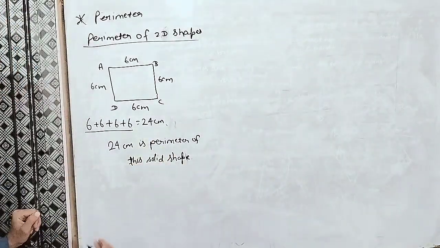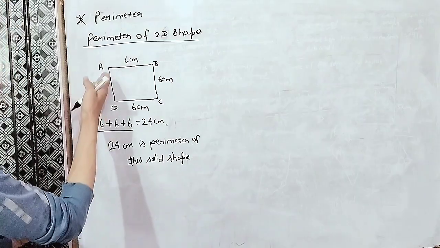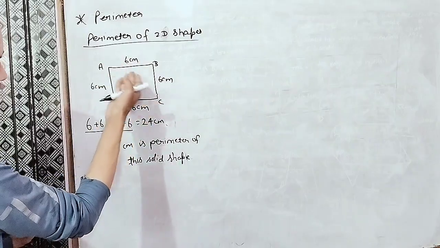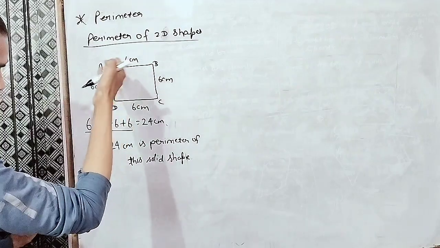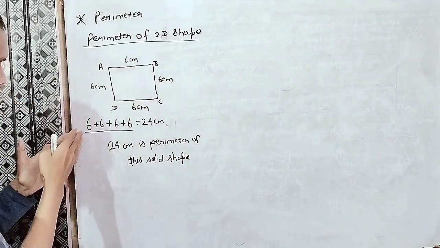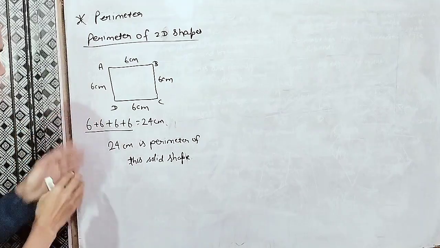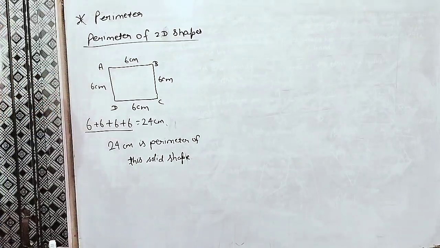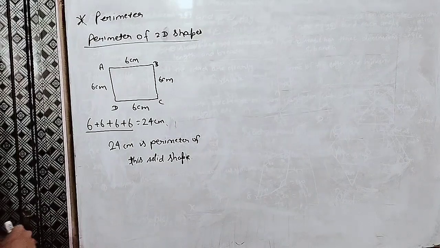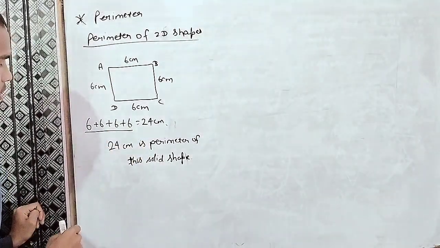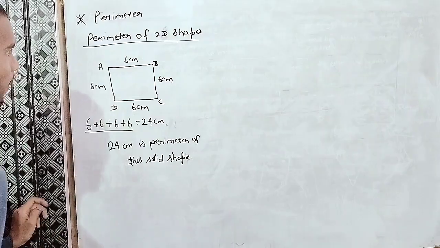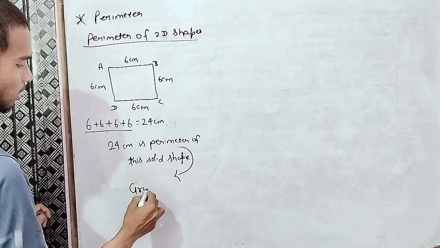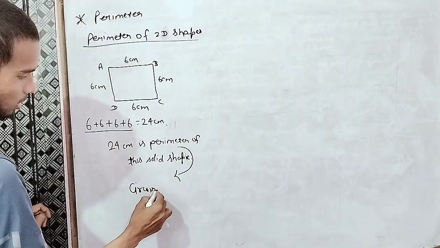And what did we add? The length of this boundary, the length of this boundary, and the length of this boundary. We took all the lengths of the boundary and added them together, the whole boundary of this 2D shape. We got 24 centimeter. 24 centimeter is the perimeter. It can also be said circumference.